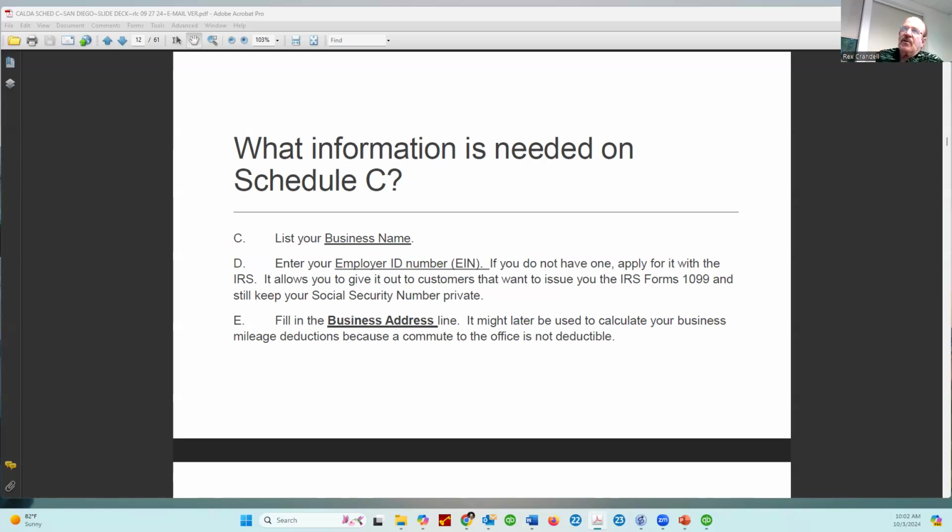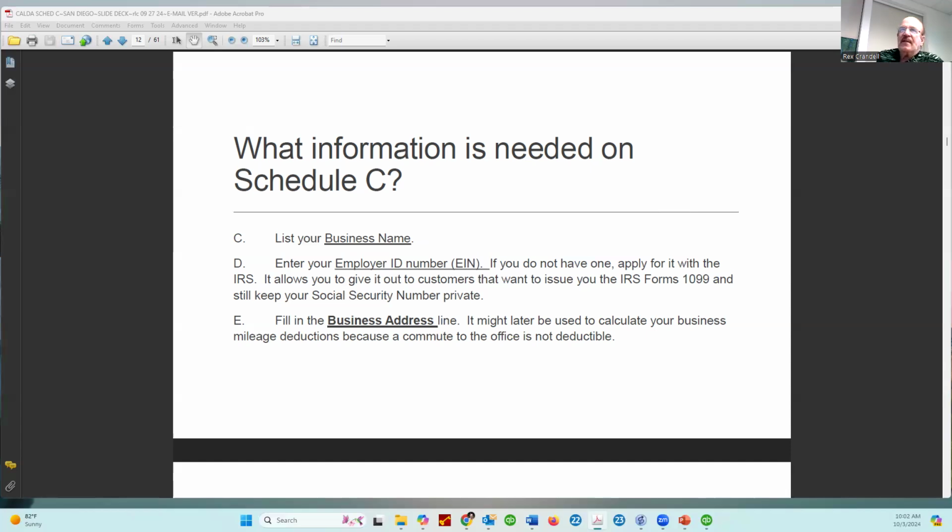If you're an independent contractor and someone's going to give you a 1099, I suggest you have a federal ID number so you can give that to the customer and get your 1099 in the name of your business and under your employer ID number instead of your Social Security number. Gives you a little bit of privacy there.